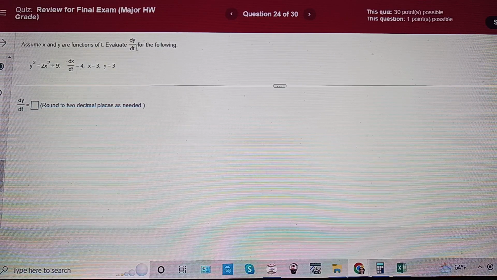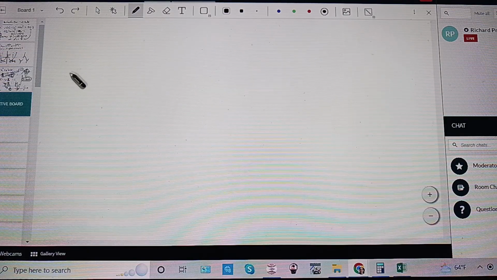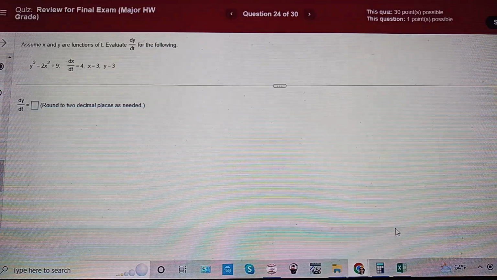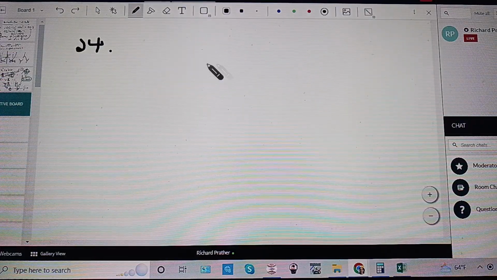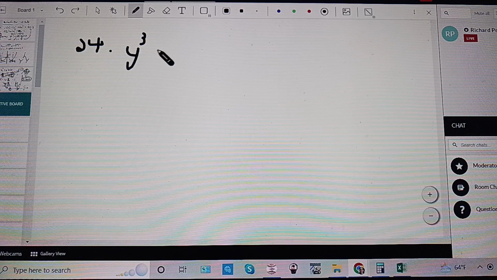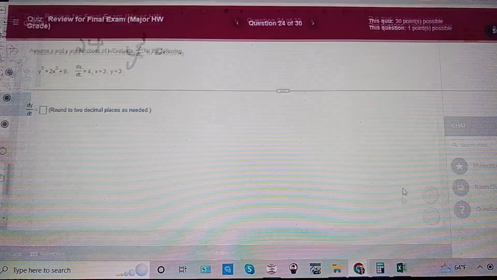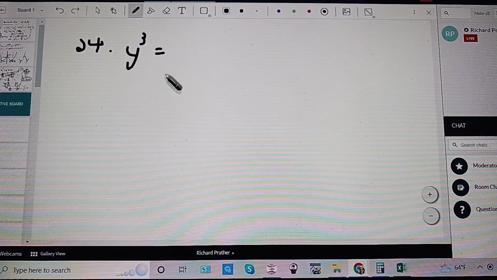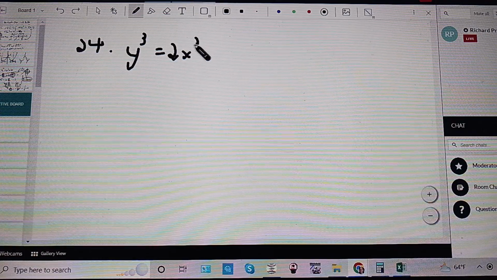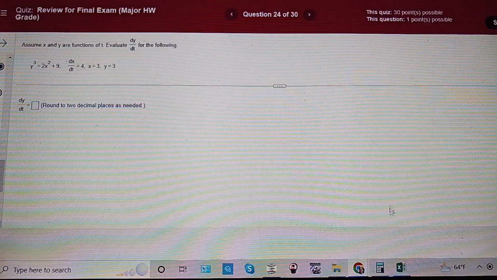So therefore, they're relating both x and y to some third variable like t, which probably is time. If some object is moving over time, this is like a physics application here. I have y cubed equals 2x squared plus 9.